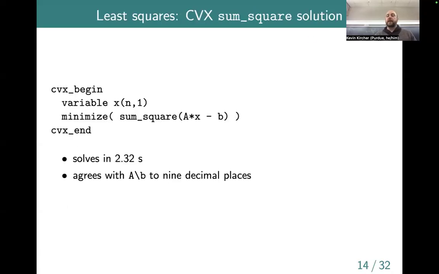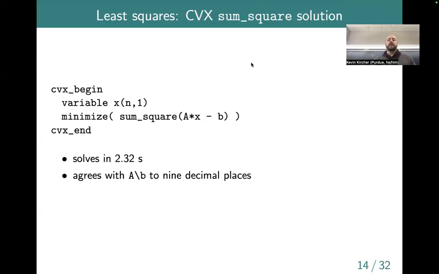So let's compare to the solution using sum of squares and then using norm, which I just mentioned a couple of slides ago. This CVX solution is not the right way or the most efficient way to solve a least squares problem. You should do it using the backslash operator in MATLAB. It's built for that. But just as a point of comparison, how long does CVX take to solve this problem?